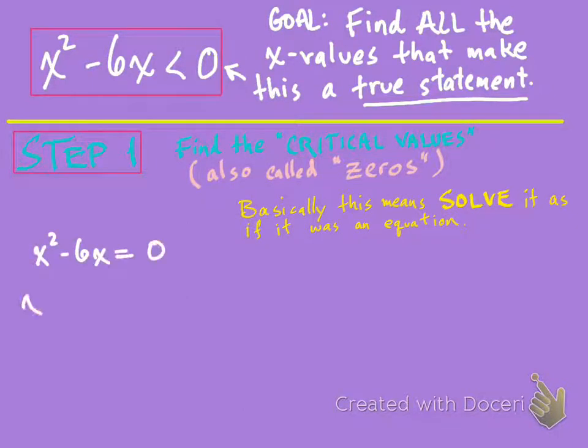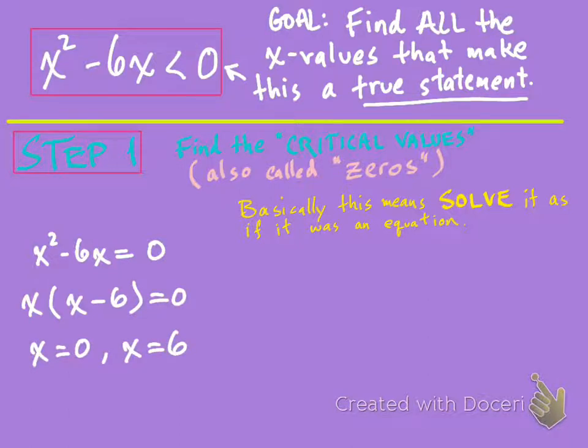Hopefully you've had some practice solving quadratic equations already, and you could solve this quickly by factoring, and you get your values x equals 0 and x equals 6. These are not the solutions to our inequality. However, what we call these are the critical values that we are looking for. These numbers actually form the boundaries of the solution intervals that we ultimately will find.